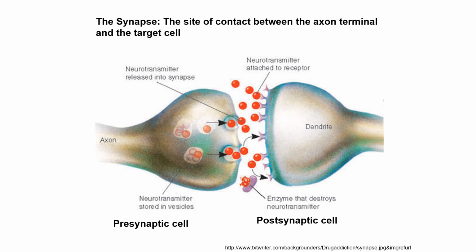These neurotransmitters can be different neurotransmitters like dopamine or serotonin or GABA, glutamate, different kinds of neurotransmitters, and you can read all about them, and we will probably also talk about them later on.